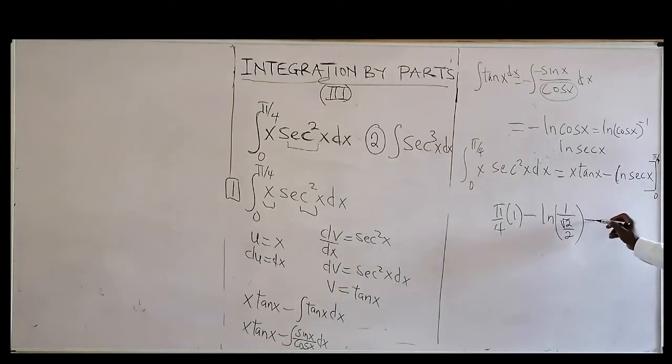Then minus the lower boundary. I've done the upper boundary; at 0 everything cancels and will be 0, so we don't need that.